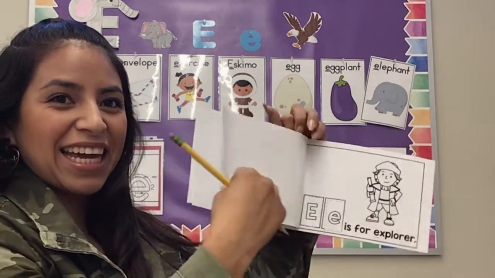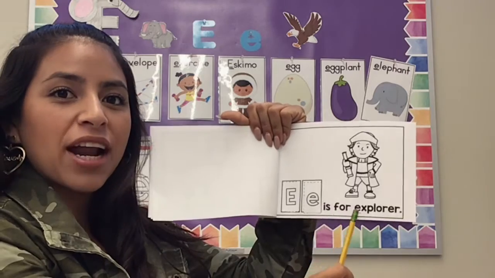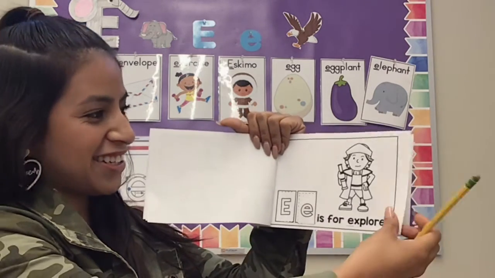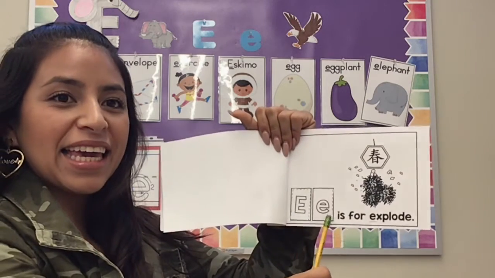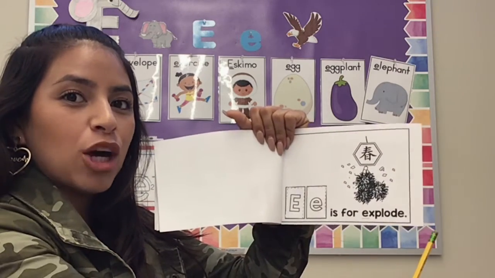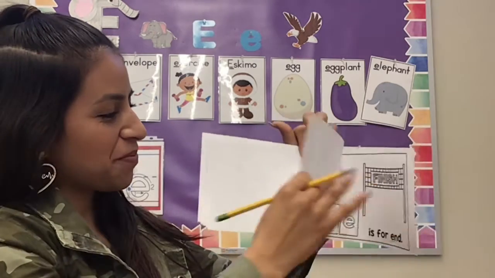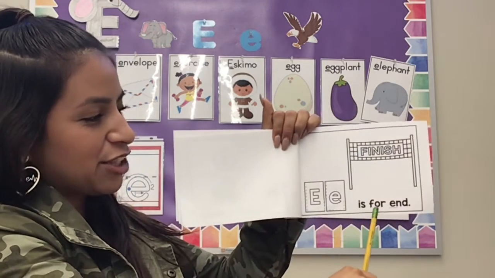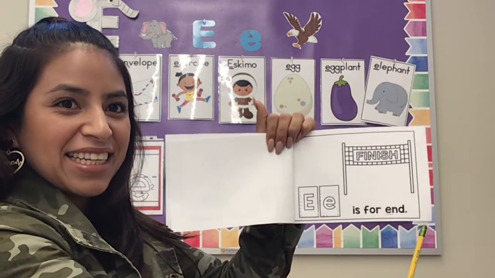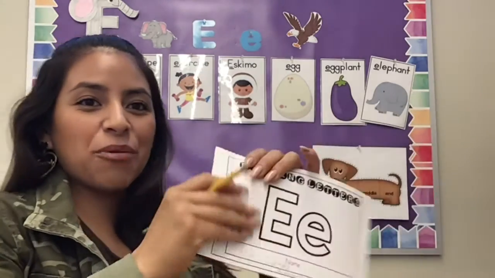Good job, TK. E is for explorer. E is for explode. And our last page, E is for end. Kind of like the end. Good job, TK. Way to follow along.